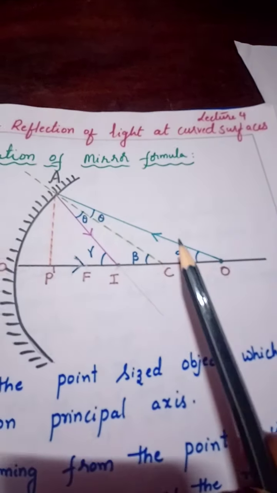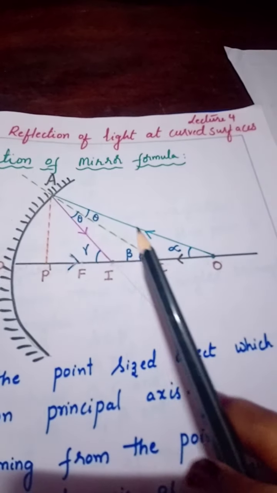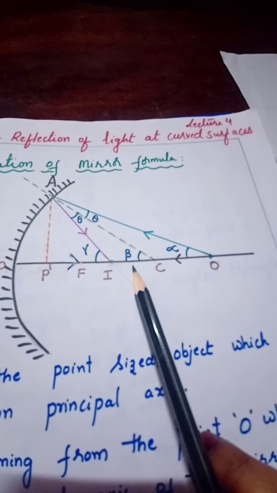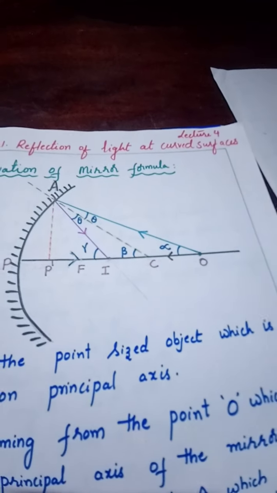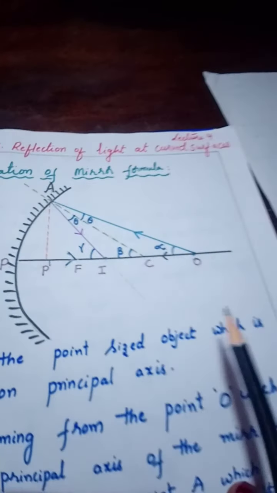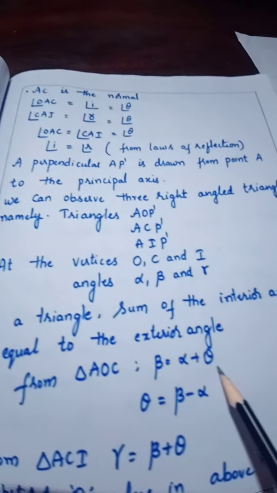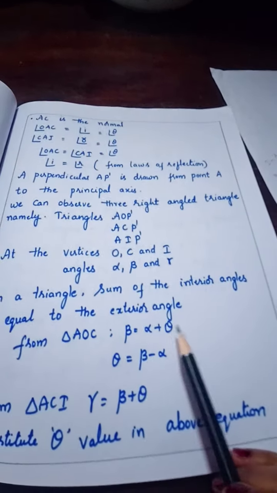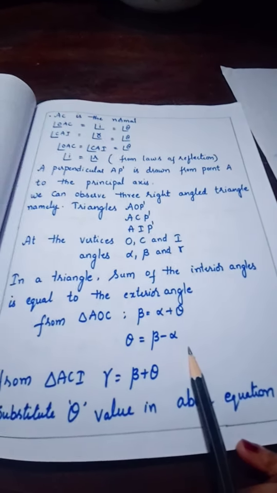So the sum of the interior angles in a triangle is equal to the exterior angle. So alpha plus theta is equal to the exterior angle beta. So theta plus alpha is equal to beta. In the same way, beta is equal to alpha plus theta, right? If you want to calculate theta, theta is equal to beta minus alpha, right?